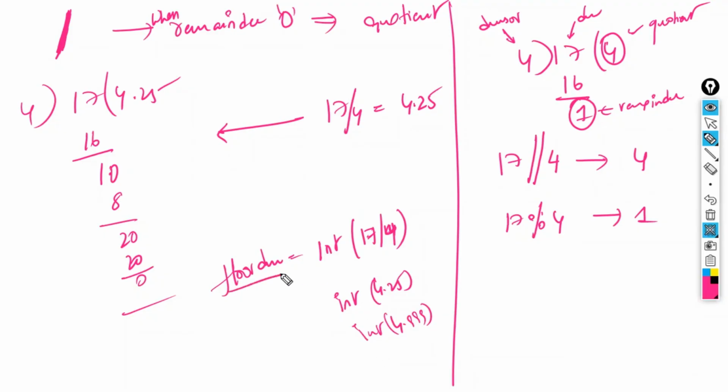So floor division is simply the int of the division, whereas modulo is called the remainder. In a normal division, the remainder ends with 0. But if you stop here itself, whatever remainder you have got is called modulo.